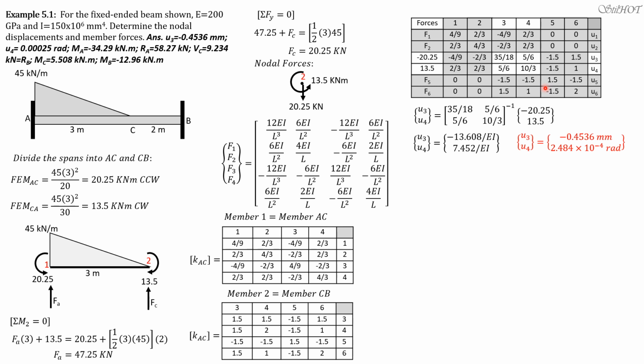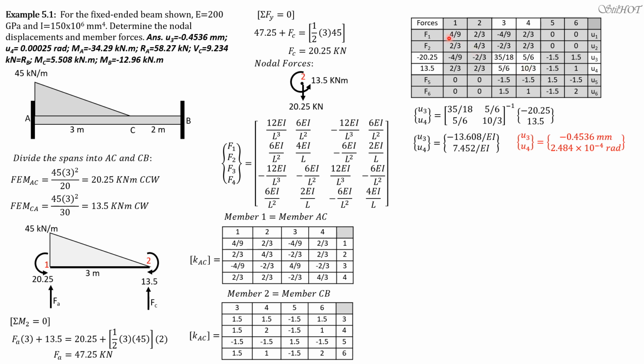Now, sometimes you need a technique: when you know that other rows and columns will have associated zero displacements, then you don't need to fill them up. Only the important cells must be filled up. For instance, if you know that only U3 and U4 will have displacements, then you only fill up the 3 and 4 cells here.